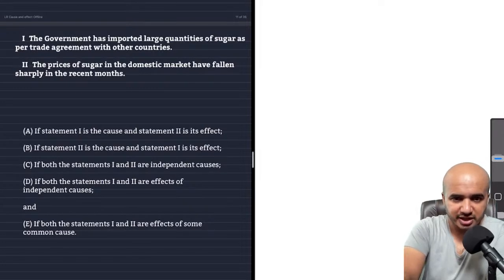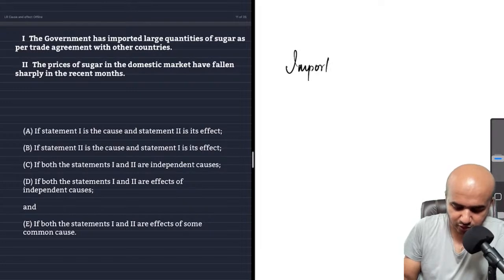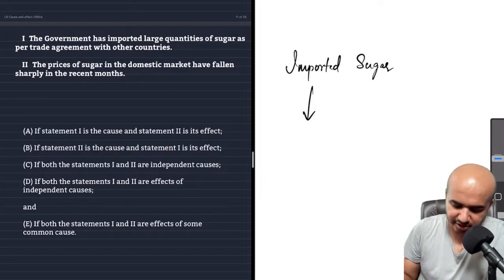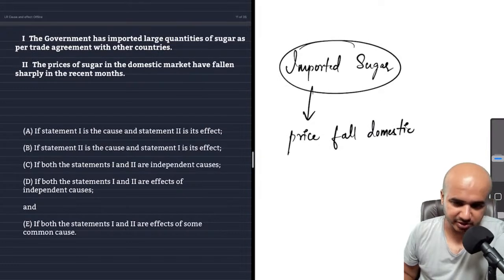In one case, they say the government has imported large quantities of sugar, and because of this, we have seen a price fall in the domestic market. So because government imported sugar, the price of the sugar fell in the domestic market.